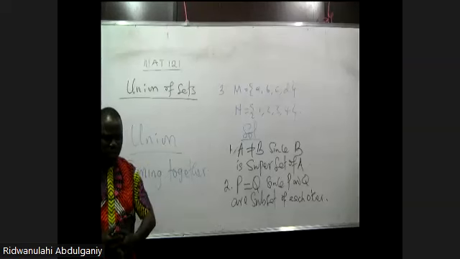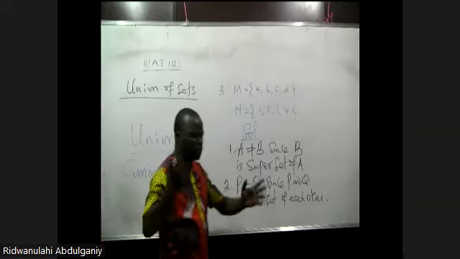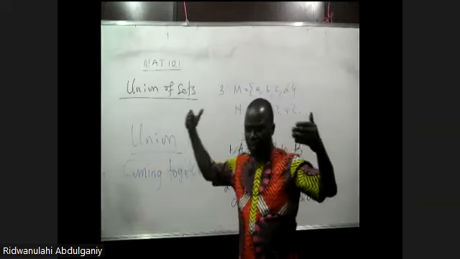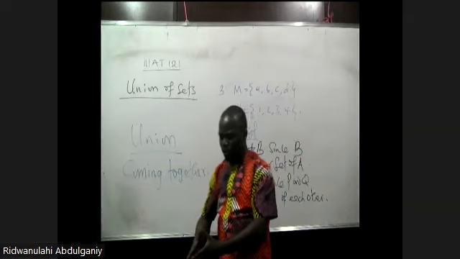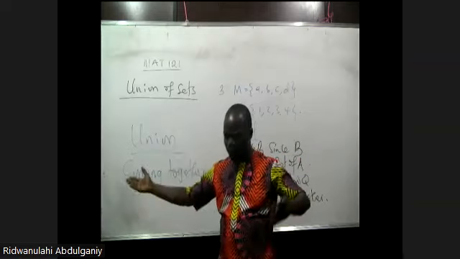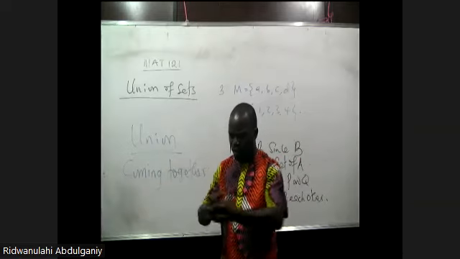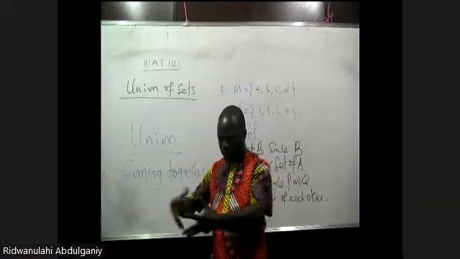Coming together. In marriage, the union simply means that the groom and the bride are coming together to form one entity. The two families are coming together to form one entity.